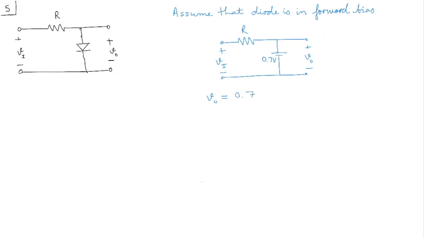Now the question is, okay, when is the diode in forward bias? Well, we are going to get forward bias when the current through the resistance is flowing in this direction, right?